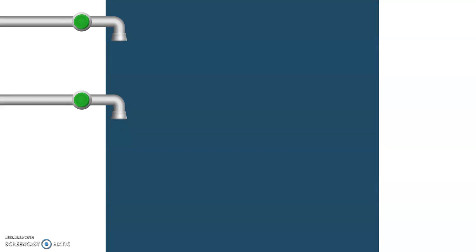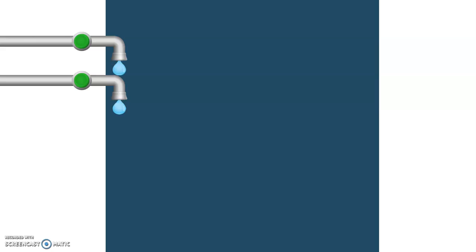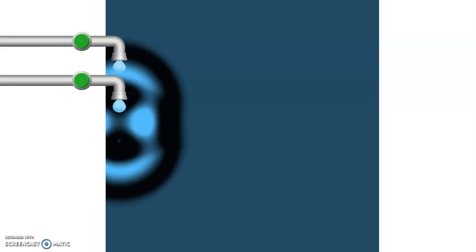I can also change the distance between the two little taps. If I move them really, really close together, the pattern becomes broader, a little bit wider. And if I move them as far apart as I can, you will get a smaller, finer pattern out of it. So it all depends on the geometry and the situation, how things are actually laid out.